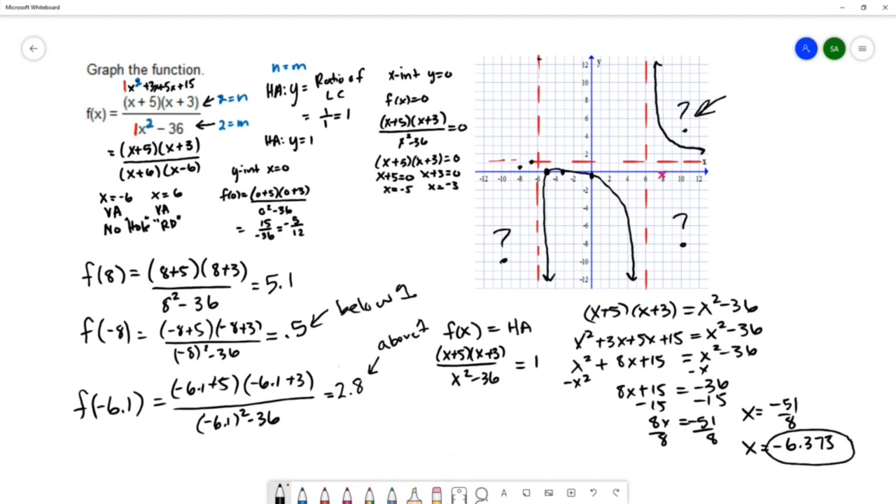And then at negative 6.1, 2.8, we have that other point. So I can see here that the graph crosses that horizontal asymptote and then it's going to come back to the horizontal asymptote. And now I feel much more confident about how I've drawn that graph.